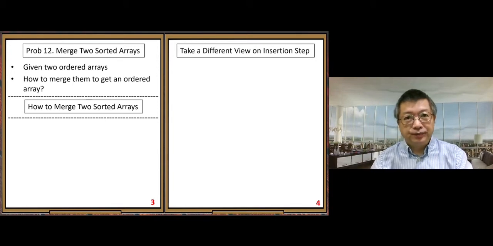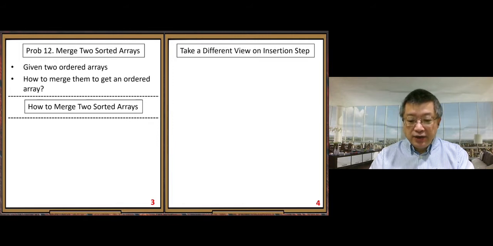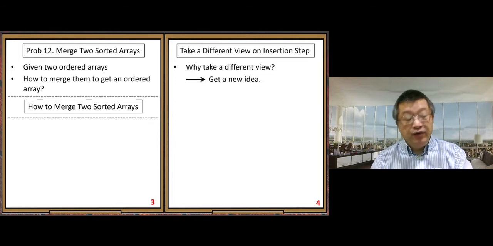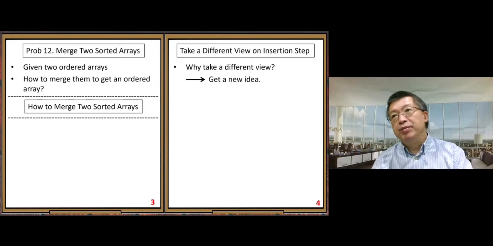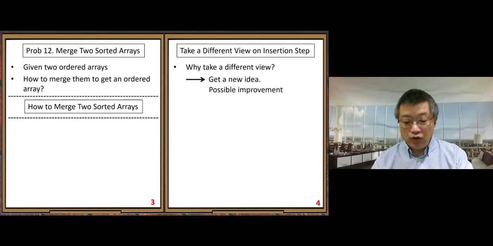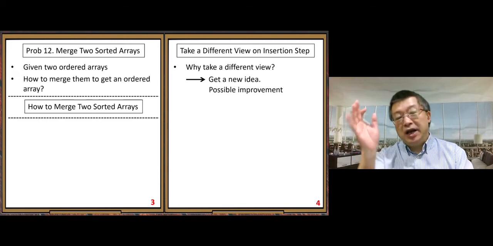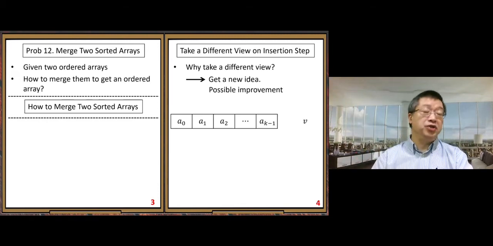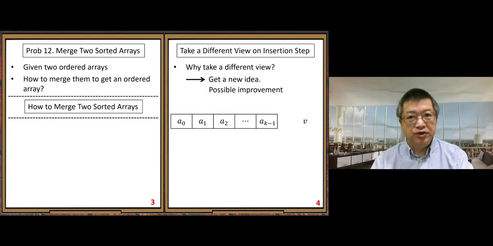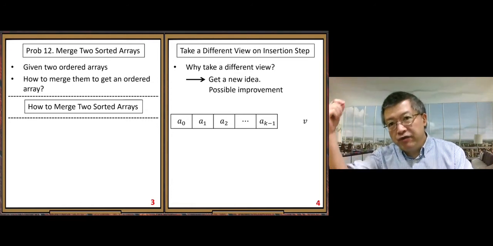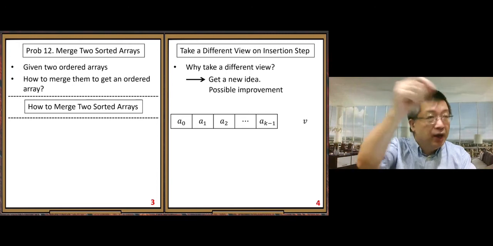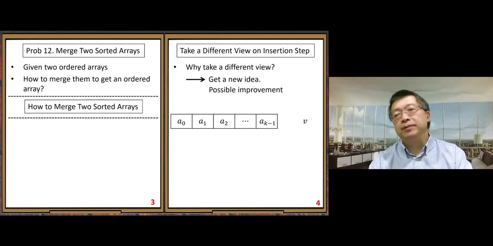The reason we want to take a different view is that it will give us a new idea, so we can improve our sorting algorithm a little bit. Let's look at a typical insertion situation. Insert this V element into an ordered array.